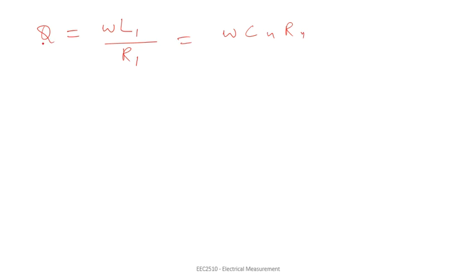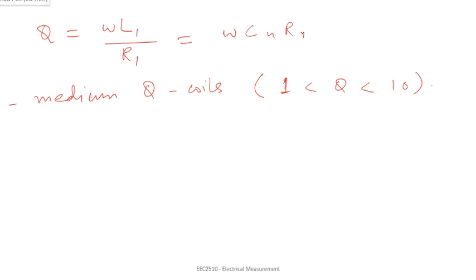This Maxwell's bridge which we have just discussed is used for the measurement of medium Q coils. By medium Q coils, we generally mean that the Q factor is between 1 and 10. So for those coils for which the Q factor is in this range, we can take help of the Maxwell's bridge for finding out the inductance of the coil.